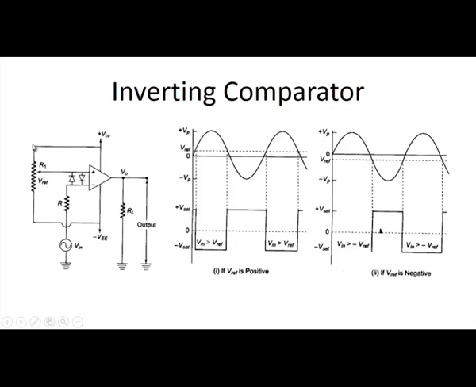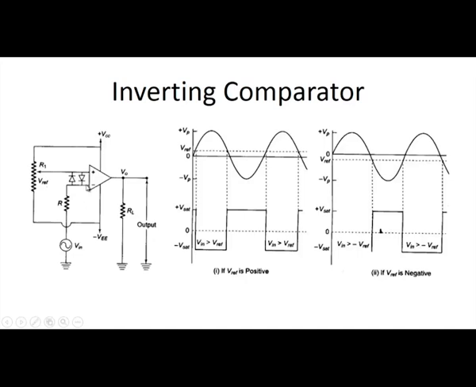V reference is actually taken from the supply voltage of the operational amplifier, and these two diodes keep the voltage difference between these two terminals at always plus or minus 0.7 volts in order to protect the operational amplifier from higher values of input voltages.